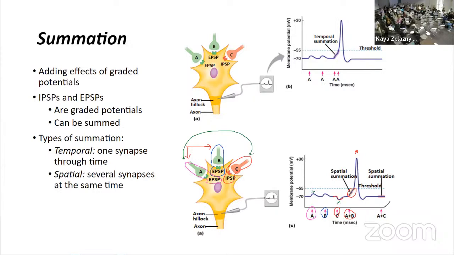We still have to add them together if these two fire at once. But when we do that, we can see that they're canceling each other out. Okay. When we have this excitatory postsynaptic potential, this excitatory synapse firing at the same time as we have this inhibitory synapse, we may not see any effect at all on that membrane potential, right? So they might cancel each other out.